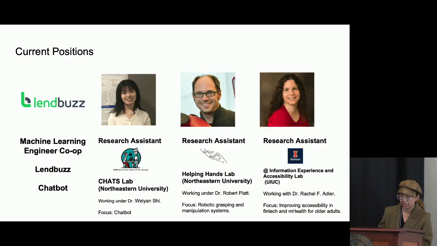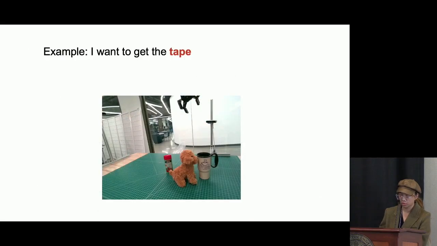Now let's begin the project introduction. First of all, I want to introduce the problem I want to solve. For example, in this environment, if I want to get the tape, from just one camera view we can't see the tape.